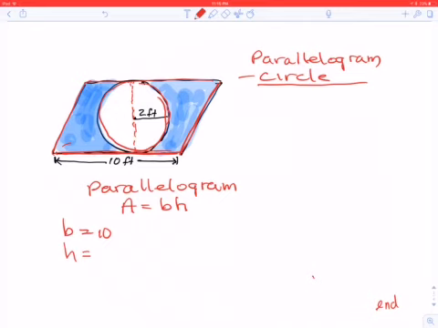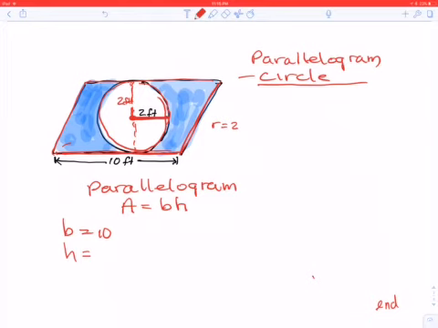What we're given for the circle is the radius. The radius of the circle is the distance from the center of the circle to any point on the circle. So I can go from the center of the circle straight up, and that's still going to be 2 feet.